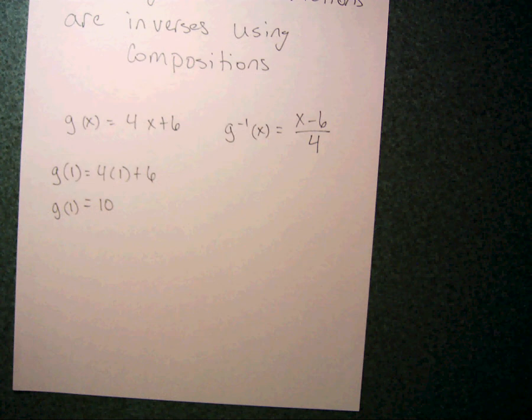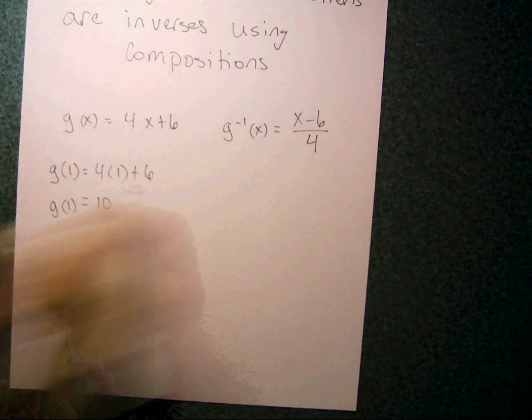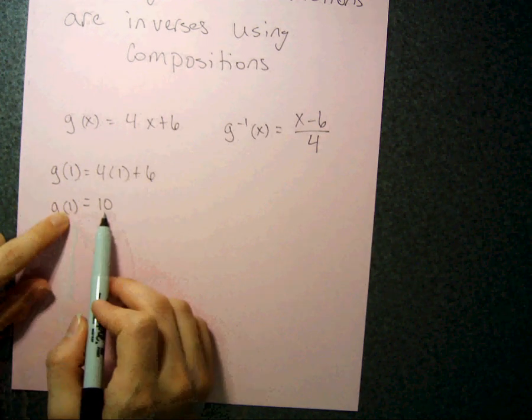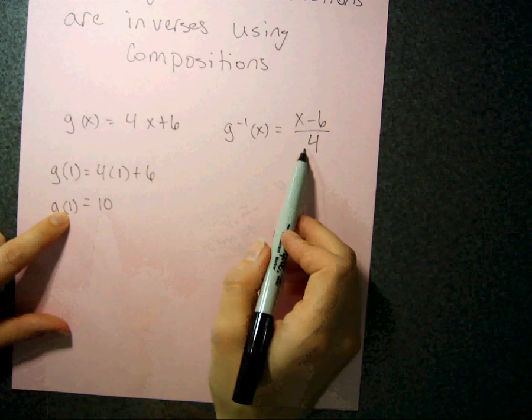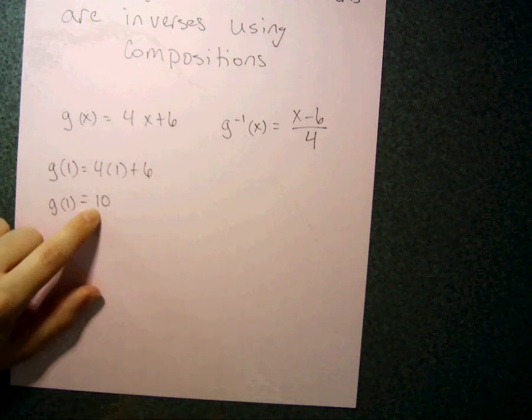We agree? All right. So what the inverse does is, like Jazz said, I think it switches the x and y value, right? I plugged in this x value and I got this y value out. What my inverse function does is takes the y value and it's going to give me the x value back out.